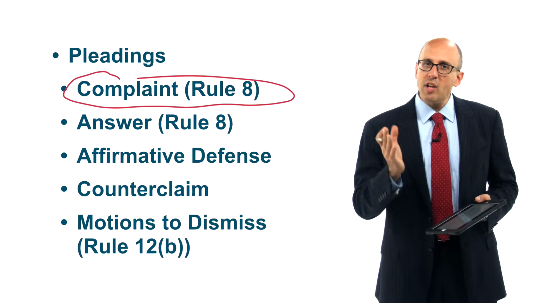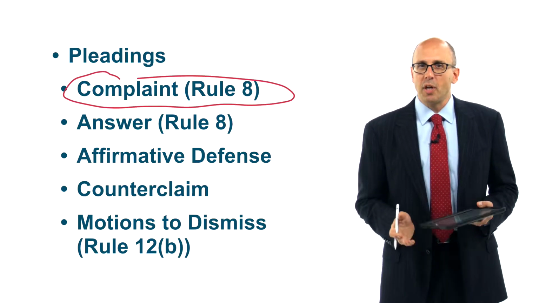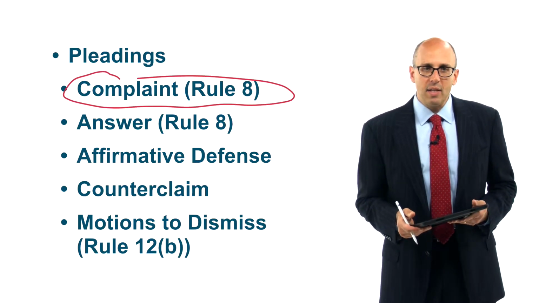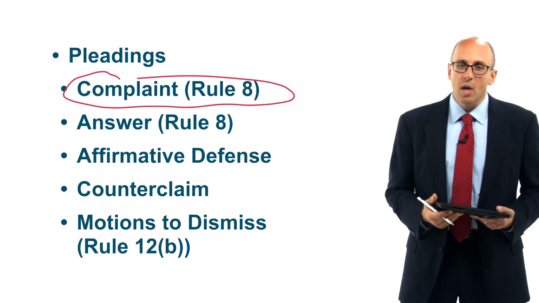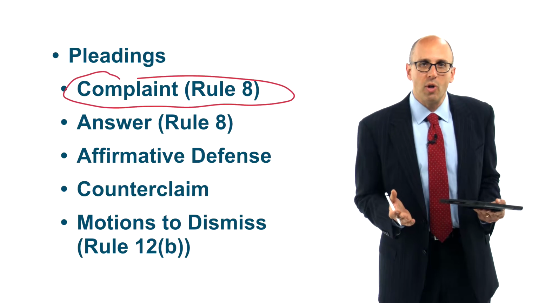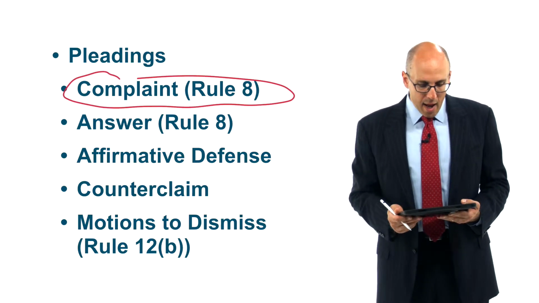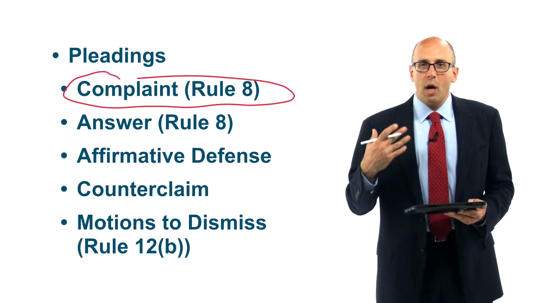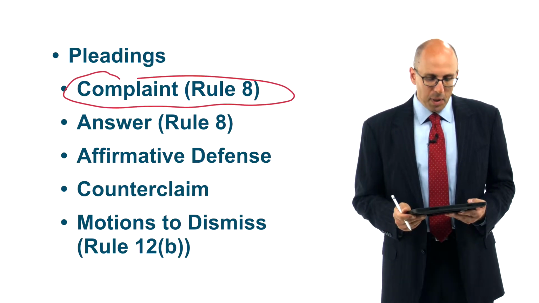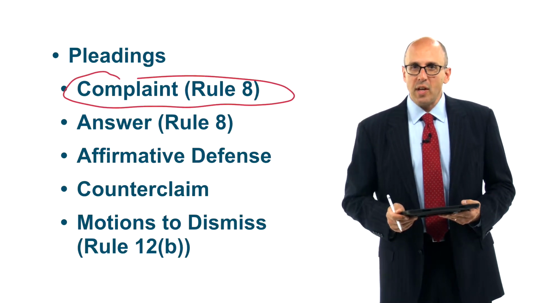But it has to have a short and plain statement of the claim, and it needs to have a request for relief, what it is that the plaintiff is asking the court to do. And the law that the plaintiff thinks that the defendant has violated.